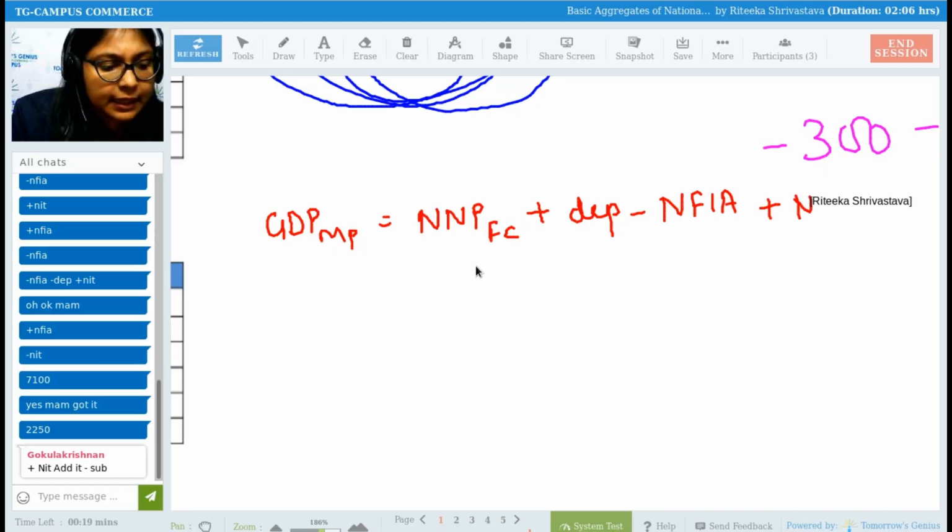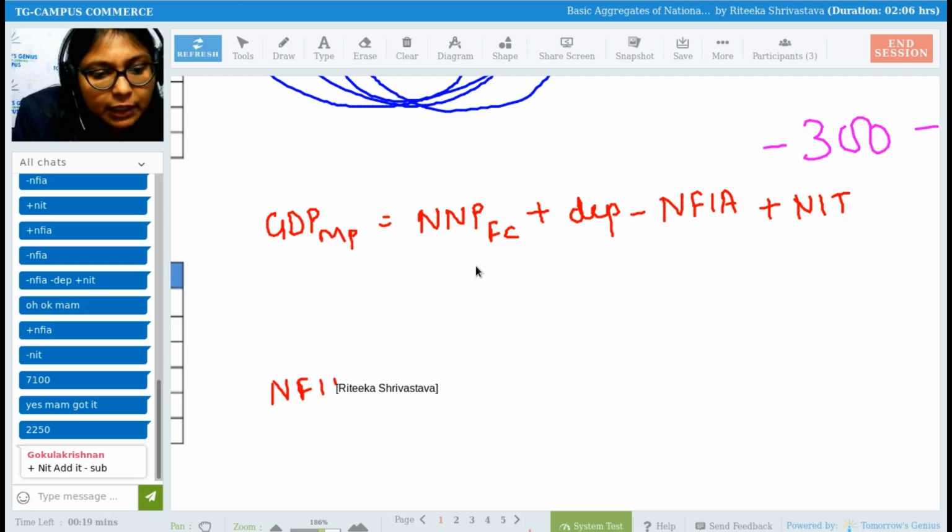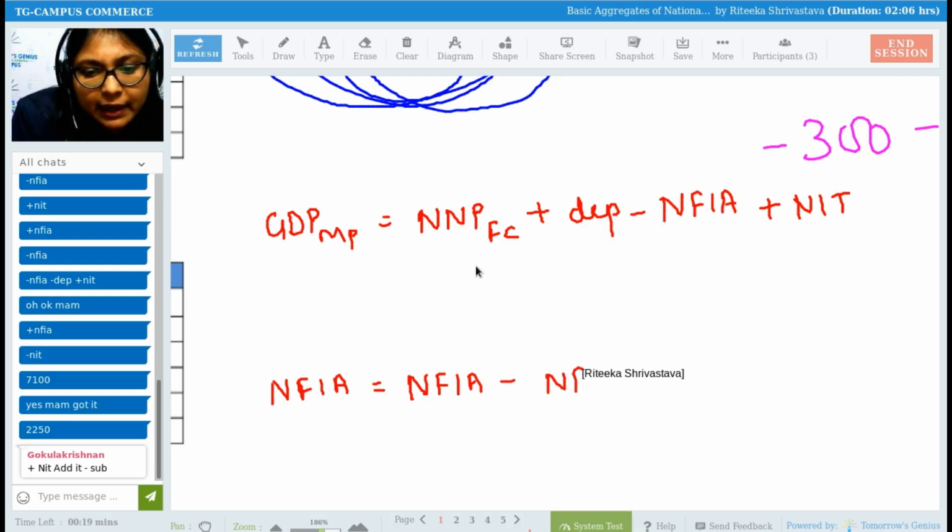Very good. Plus NIT. Now we know depreciation is given to us directly in the question. NFIA is not given, NIT is not given. So first find out NFIA. NFIA is net factor income from abroad minus net factor income to abroad.